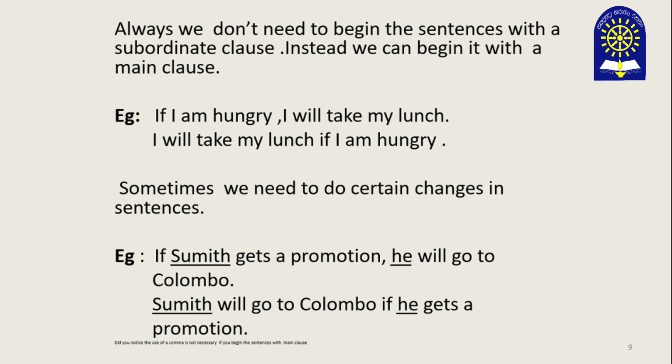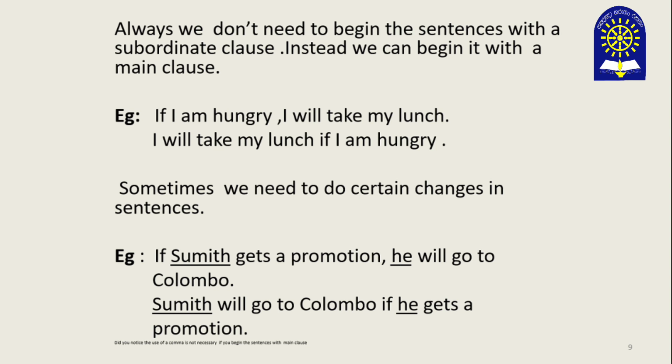Sometimes we need to make certain other changes in sentences. Look at the second example. If Sumit gets a promotion, he will go to Colombo. I have underlined Sumit and he. Look at the second sentence. Sumit will go to Colombo if he gets a promotion. The first sentence I have started with the subordinate clause, and the second sentence I have started with the main clause.